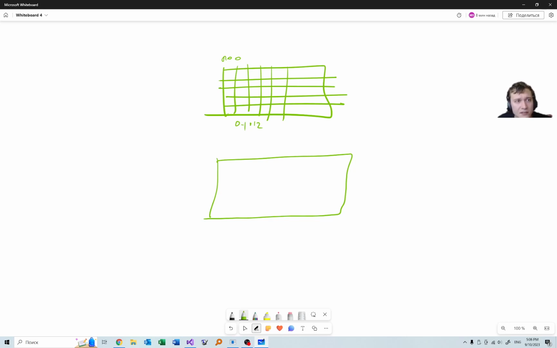Let's look at little numbers. For example, if m equals 1, it's easy to see that we need a lot of zeros and a lot of ones, I guess.